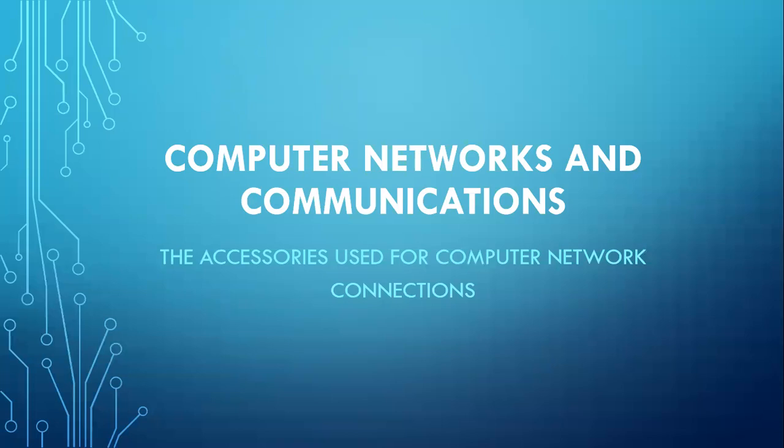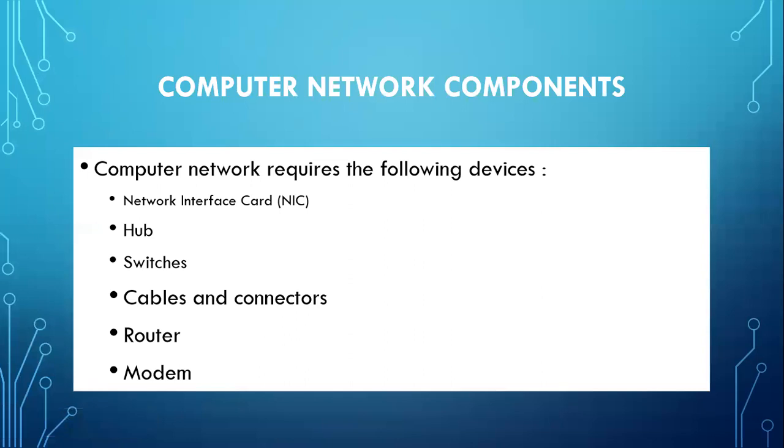Our topic is computer networks and communications. We are still discussing the various accessories that are used for computer network connections. In the past video, we discussed some of these.